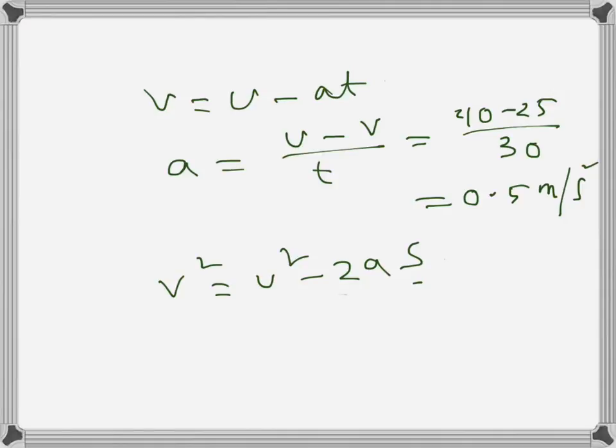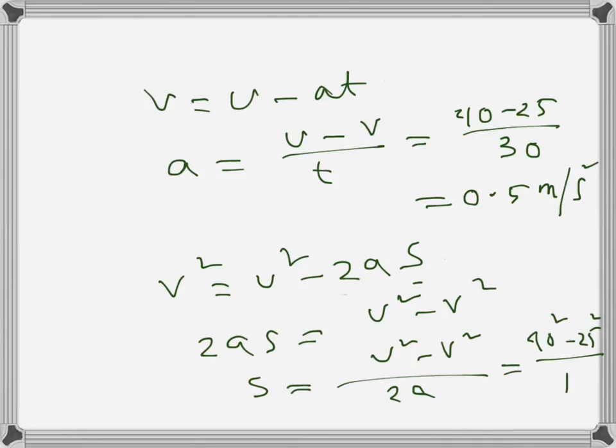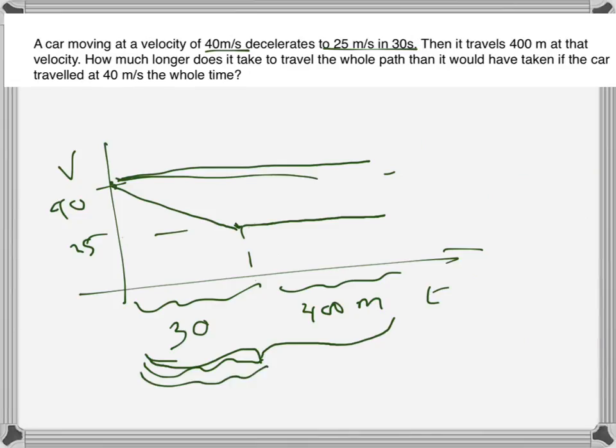So 2as is equal to u squared minus v squared, so s is (u squared minus v squared) over 2a, which is 40 squared minus 25 squared over 2 times 0.5, which is 1. So s is 975 meters. That's the distance traveled during these 30 seconds, 975 meters.